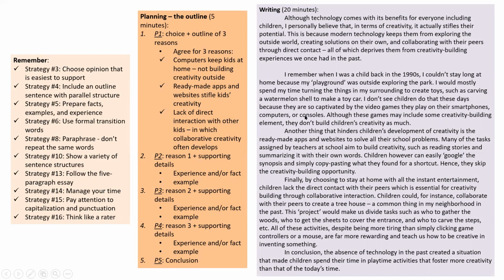And then in the first paragraph, he explains the first reason about how technology keeps children from exploring the outside world. And he used his experience. I remember when I was a child, I couldn't stay long because I would go out to play, and that built my creativity.